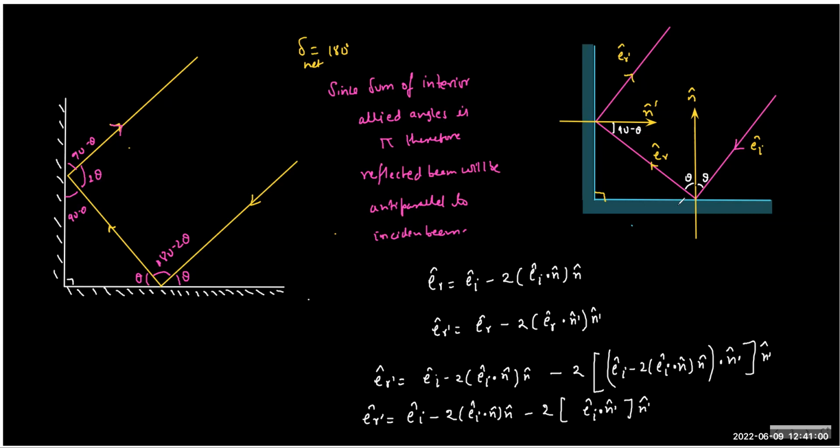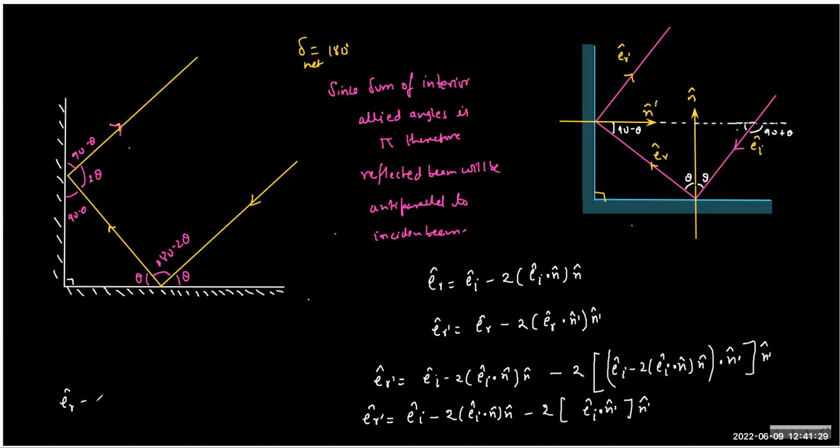Pi minus theta. And what is the angle between EI and n dash? What is this angle? This angle is 90 minus theta. This is 90 plus. So it's 90 plus and 90 minus theta. I think we should use that relation.